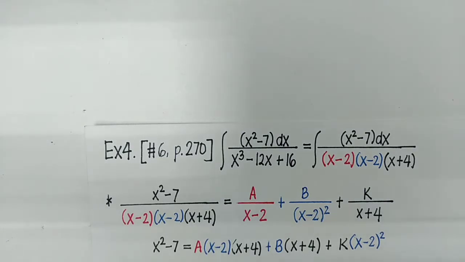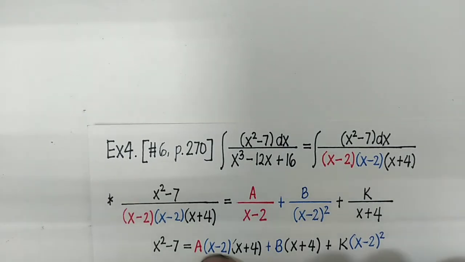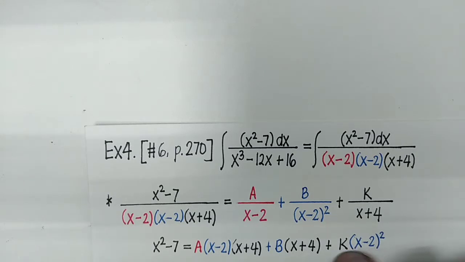So once more, we assign values of x so that one or more terms will disappear, leaving us only with one term whose value could be already solved. So let's say we assign x now equal to 2. When x is equal to 2, this term over here becomes 0, so the a term disappears, and as well the k term disappears as well, since this also becomes 0.